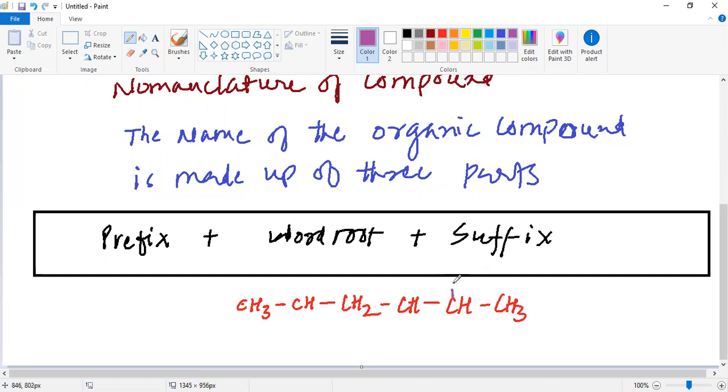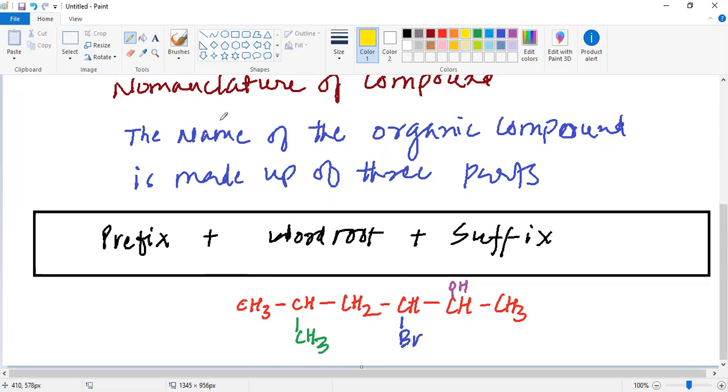This CH has got OH, this CH has got Br, and this CH has got CH3 with it. So this is how we understand the organic compound.